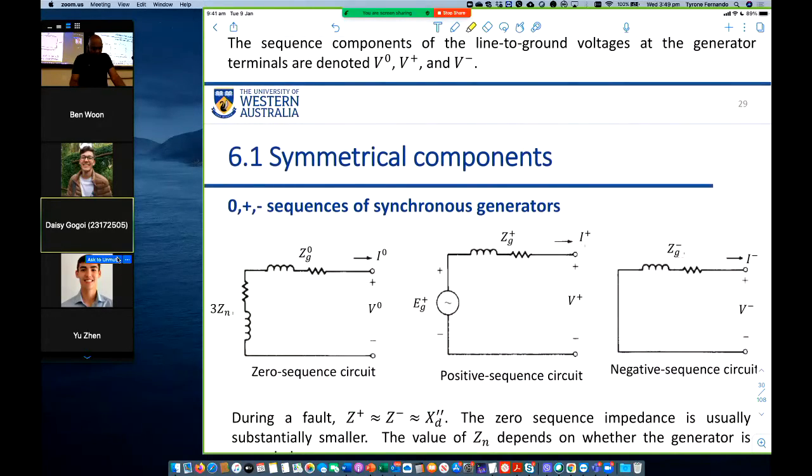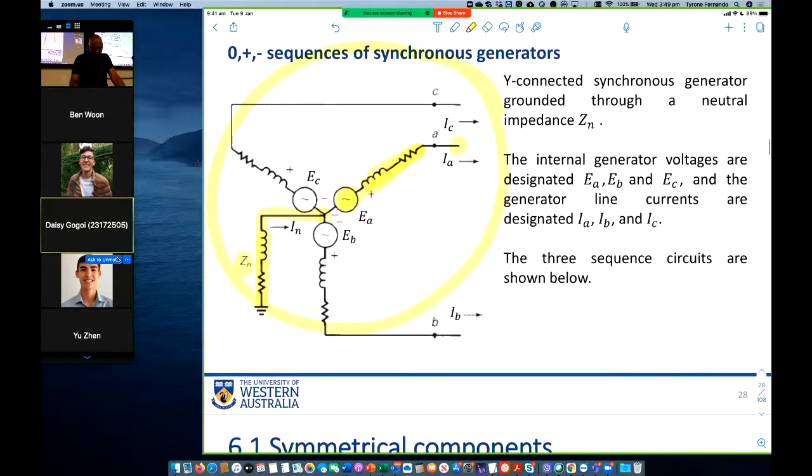All right, so if we are talking about a motor, instead of this being a generator, this is a motor. The only difference is that the current is going to flow into the motor instead of flowing out of the generator. With the generator, currents flow out.